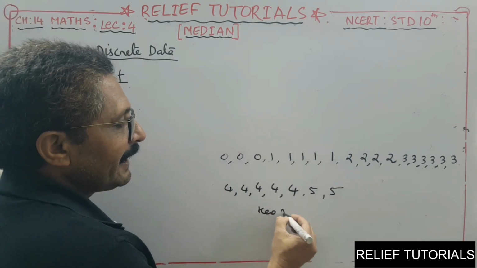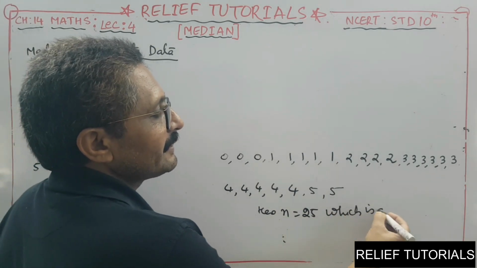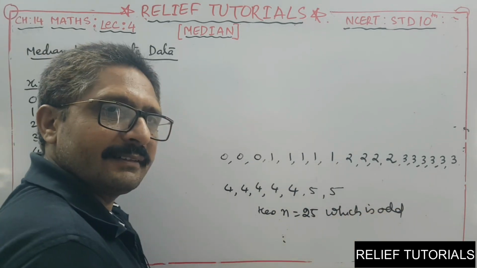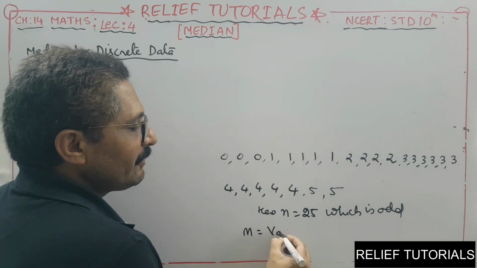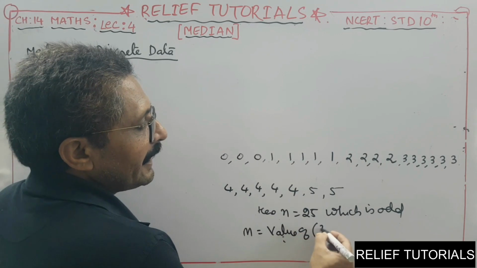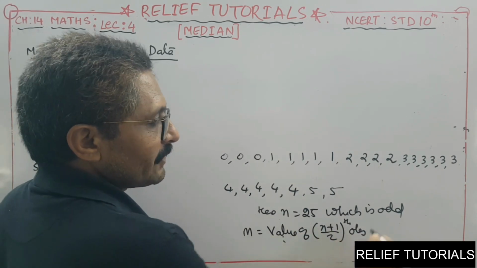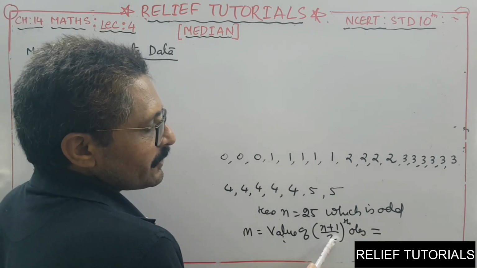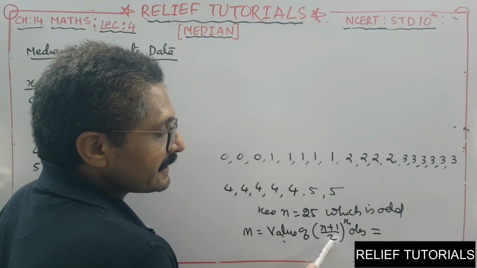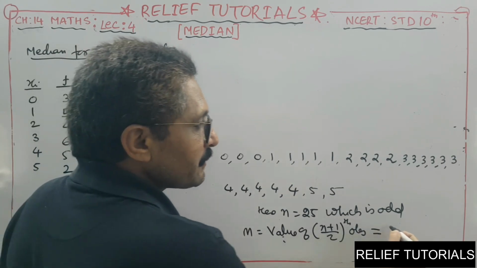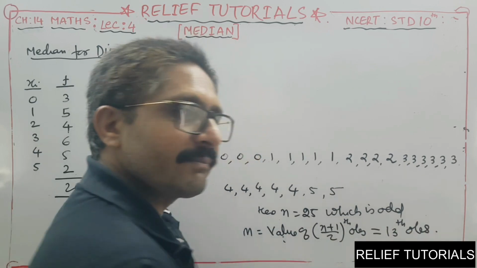Here n is 25, which is odd. So the median is the value of the n plus 1 divided by 2th observation. n is 25, 25 plus 1 is 26, divided by 2 is the 13th observation.